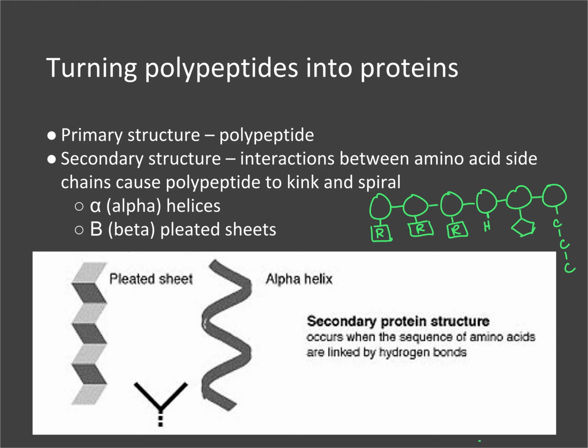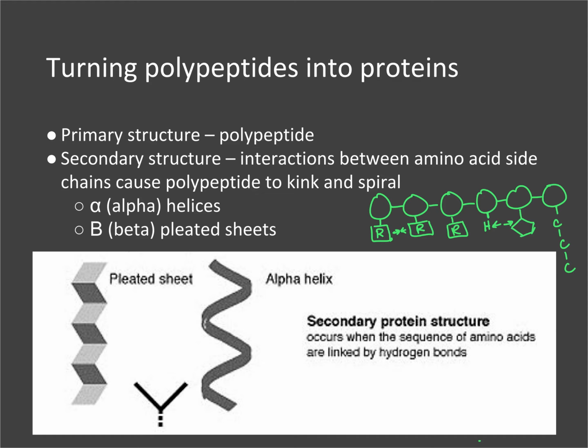Sometimes these side chains are attracted to each other, and other times they are repelled by each other. Because of these attractions and repulsions, we end up with a shape that starts to form.